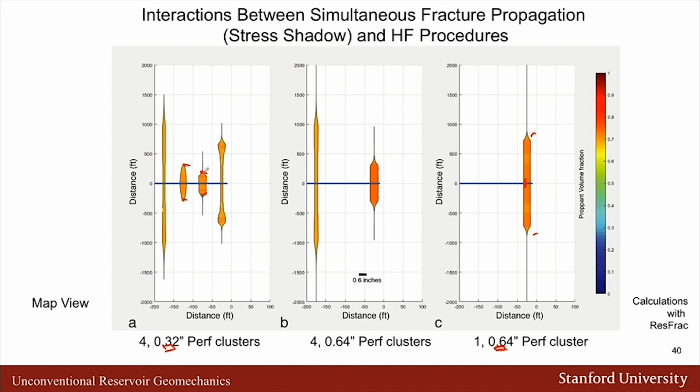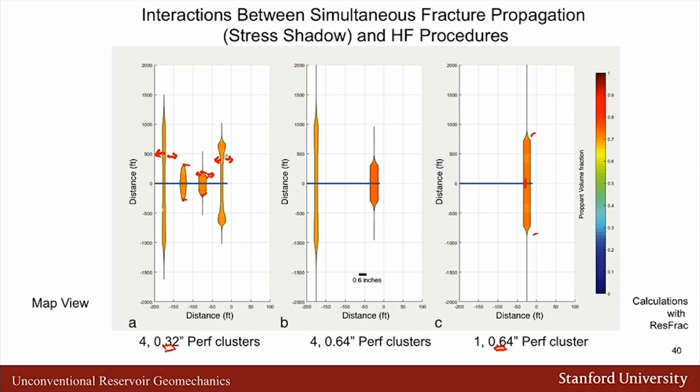And they're impeded by what's called the stress shadow, because this fracture is opening, this fracture is opening, and the opening of this fracture is increasing the stress in the area between the fractures. Every time a fracture opens, it increases the stress a little bit.